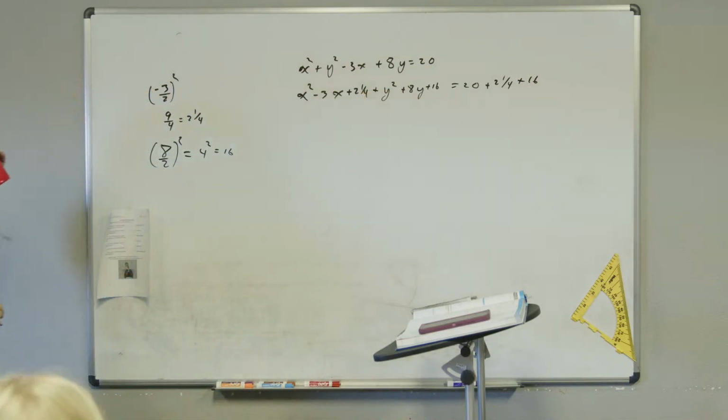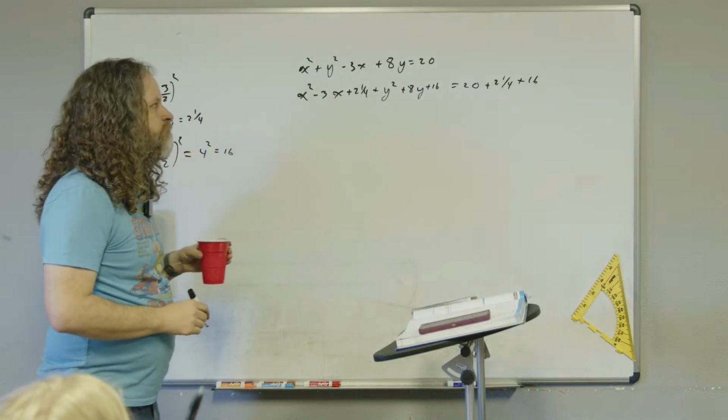Now what? Group and graph. I thought you square changed the sign. Oh, it's in parentheses.